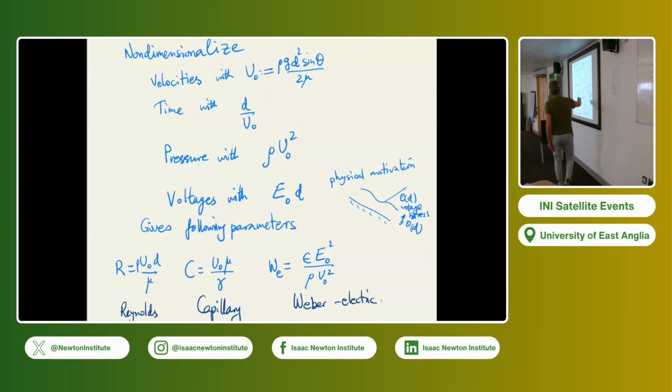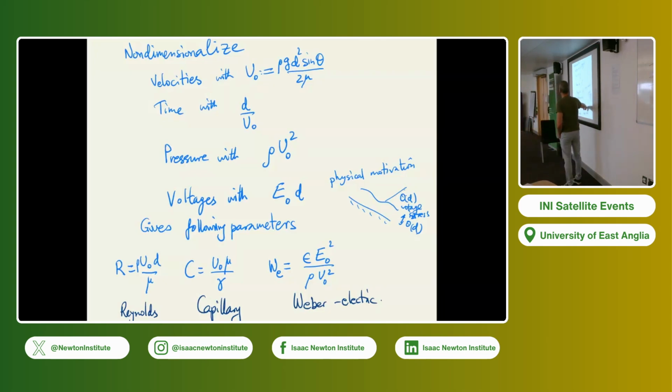And then I can non-dimensionalize voltages with E0 times d. Now, if you had a finite distance far away, you could use that, but most of the action happens locally near the interface. So d is a good parameter to non-dimensionalize by.